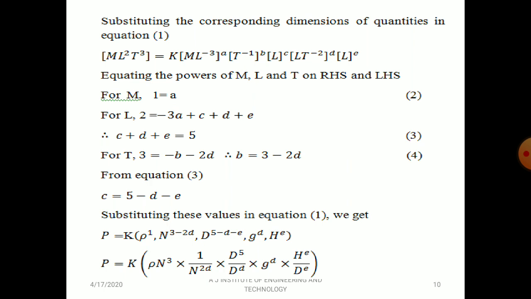So 1 divided by n to the power 2d, into d to the power 5, taking d to the power 5 out from d to the power 5 minus d minus e, and taking d to the power d to the denominator, because it becomes positive when it goes to the denominator, into g to the power d as it is, into h to the power e divided by d to the power e. This d to the power e is from d to the power 5 minus d minus e. So d to the power minus e, when it goes to the denominator, becomes plus e, so d to the power e.